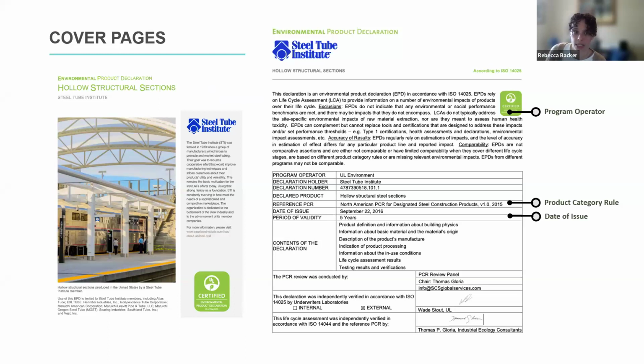So generally speaking, on these two pages is where you'll see whether or not the EPD is third-party verified by a program operator. They'll typically have a verification stamp on one of these pages. This page will also tell you what the product category rule was that the LCA and EPD followed. And it'll also include things like when the EPD was first issued, knowing that EPDs are valid for at least a 5-year period.